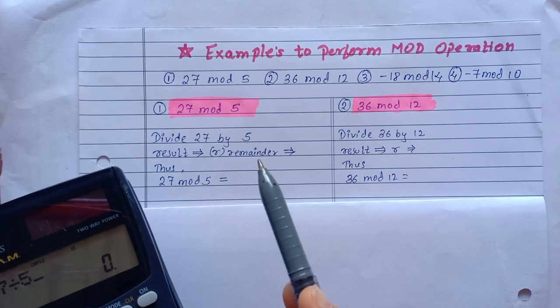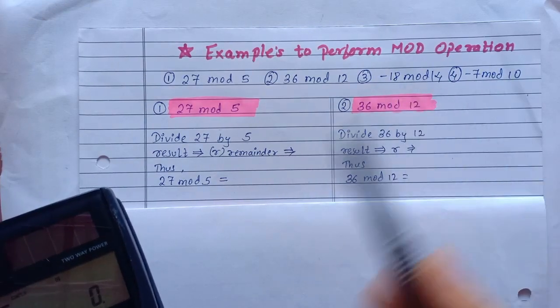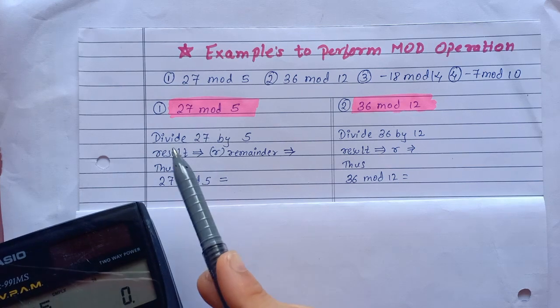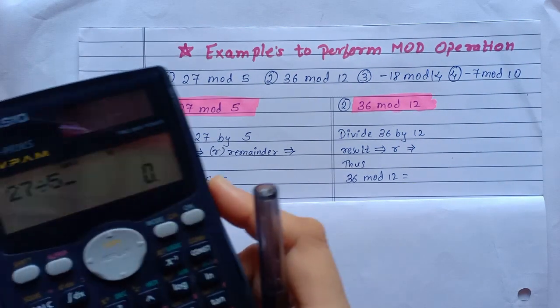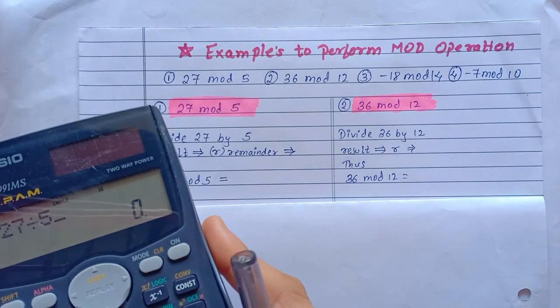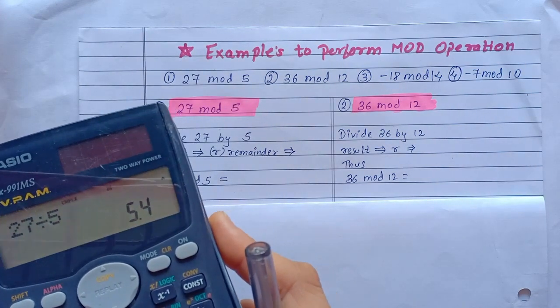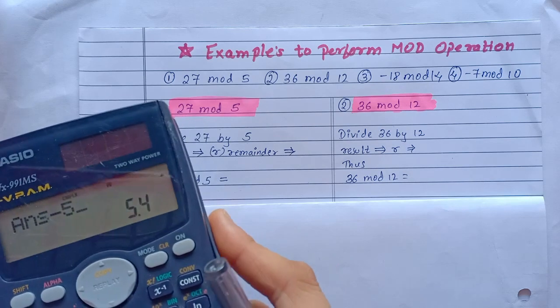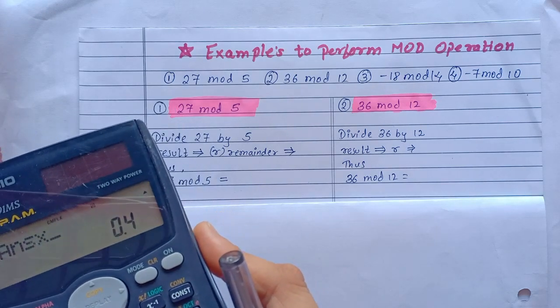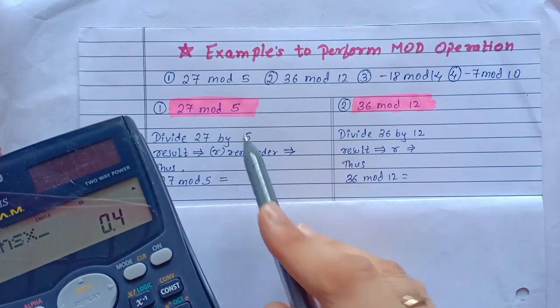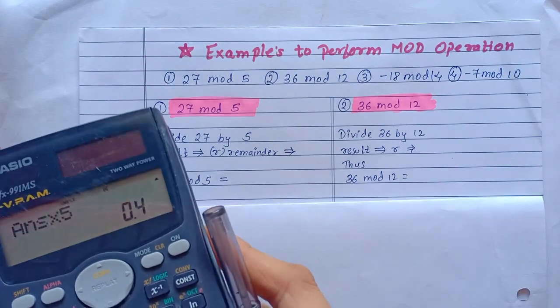Now we will see some examples to perform the mod operation. The first example is 27 mod 5. Let's do it. 27 divided by 5 is 5.4. We subtract 5 and multiply the 0.4 by this term n, that is 5.